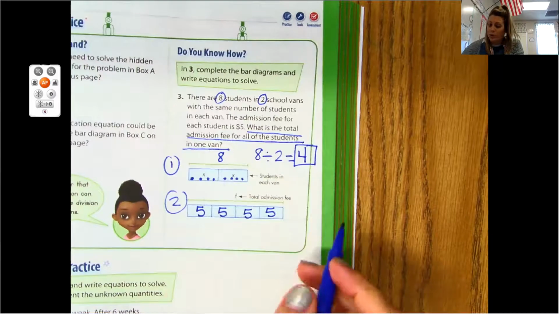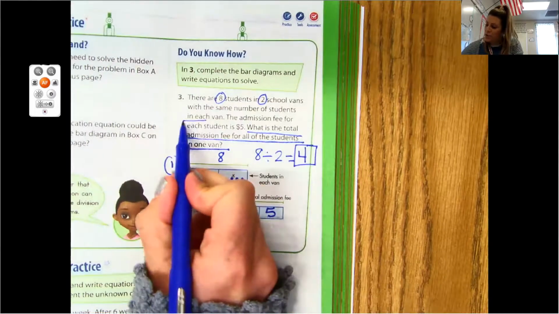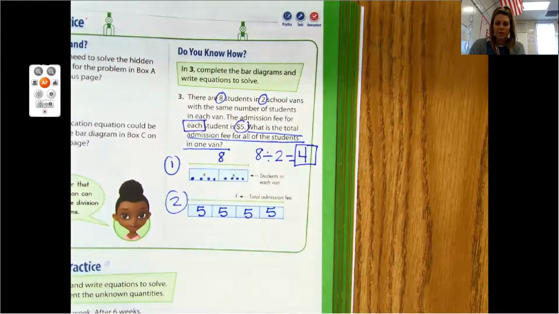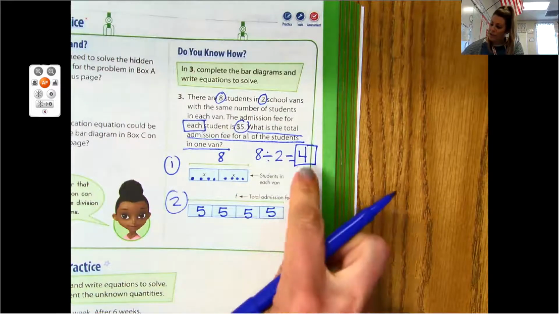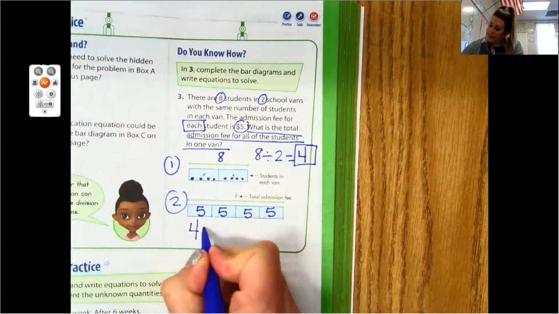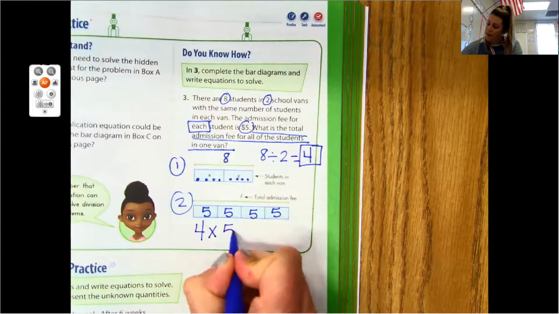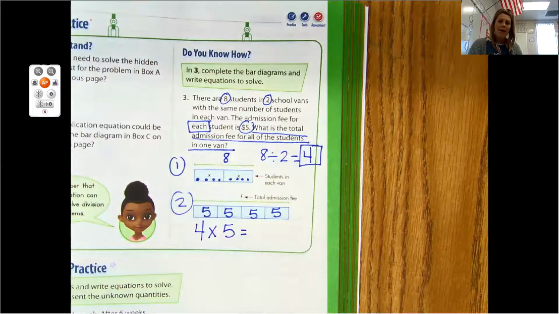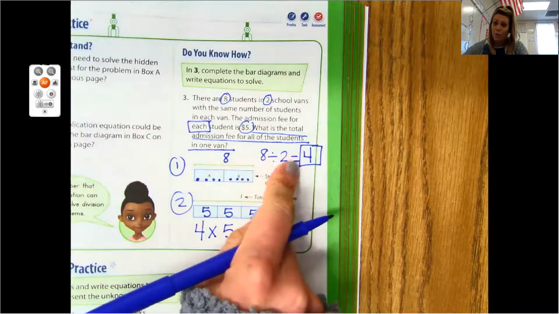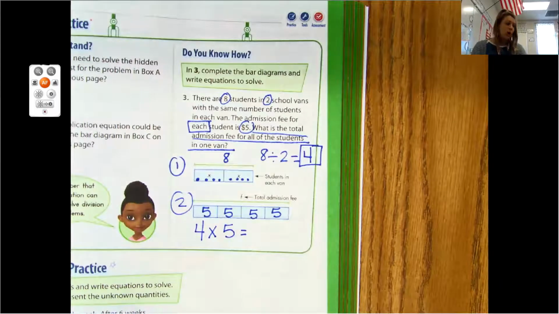Each is a key word to me, guys. Do you remember what each stands for? It stands for multiplying, right? So if we have 4 students and they each have to pay $5, how much? What's the total going to be? How much are they going to have to pay for one van of students? Go ahead and solve that.